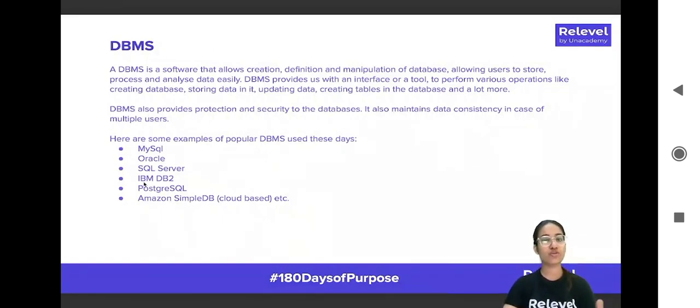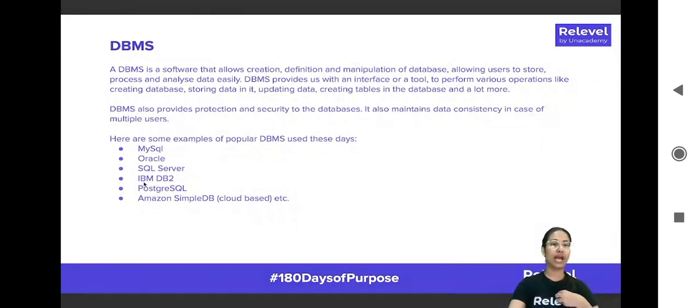Now, a DBMS also provides not just these capabilities, but it also provides protection and security to the databases, right? Now, you have some information, and let's say your information is very, very crucial. You're storing information about all the students you have in your school. You're storing their phone numbers, you're storing their addresses, right?